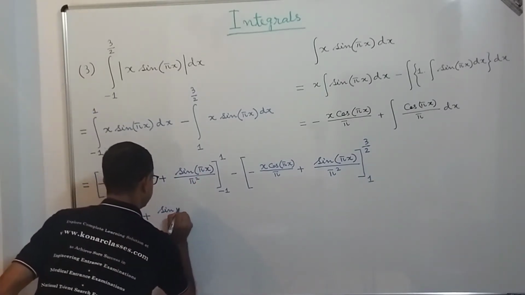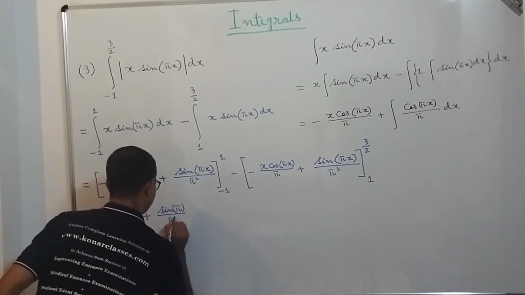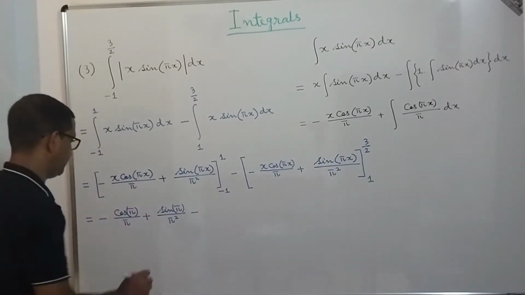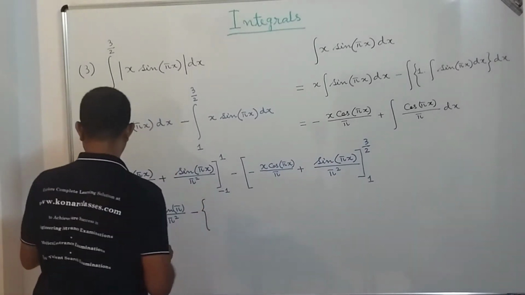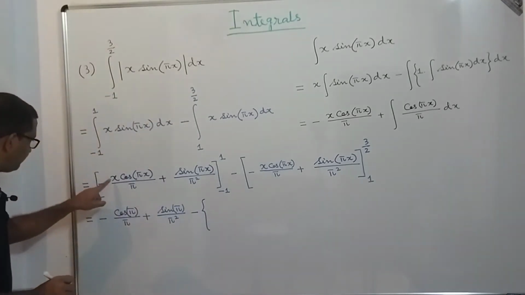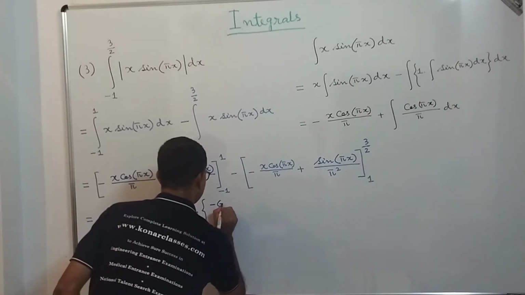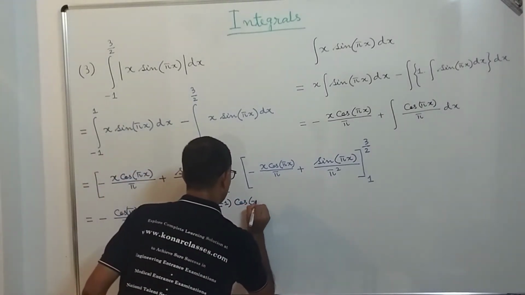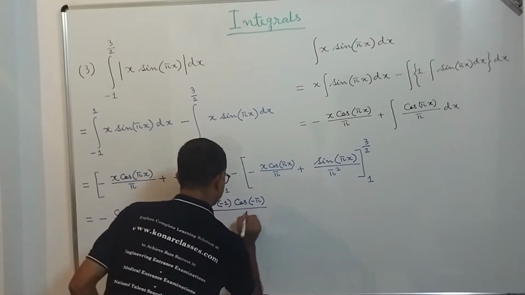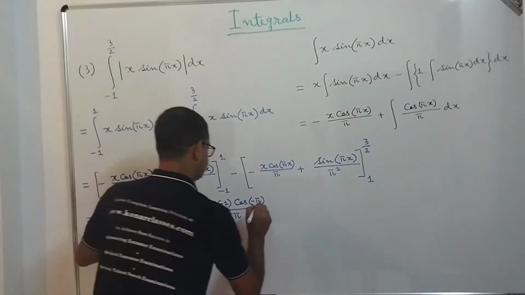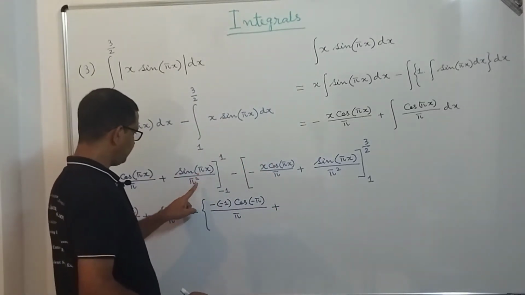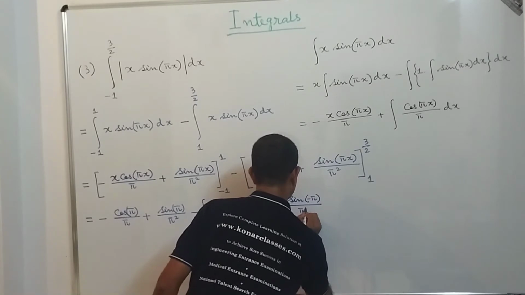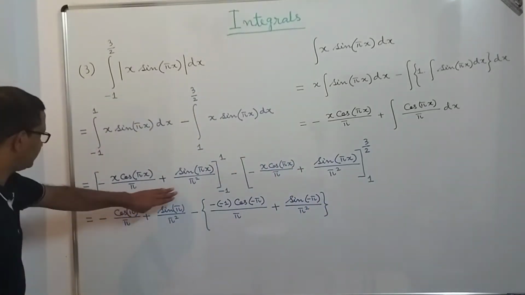Minus, now we will apply the value of x is equal to minus 1, so here we give a bracket, so minus of minus 1 into cos of minus pi divided by pi, correct, plus sin of minus pi divided by pi square. So we are done with the first part.